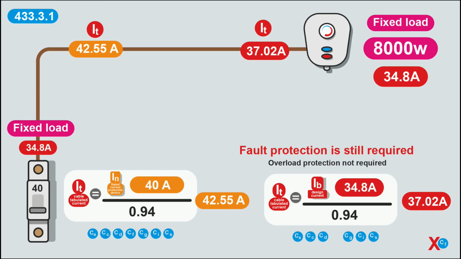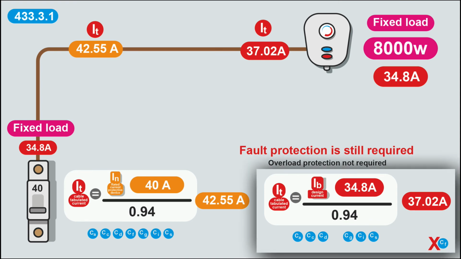Because we know the precise nature of this load, it's 8,000 watts or 34.8 amps. This cable can be overloaded if they're rated correctly, of course. So if we do an It calculation with the design current, 34.8 amps, we've got a correction factor of 0.94. That's for ambient temperature being 35 degrees rather than 30.